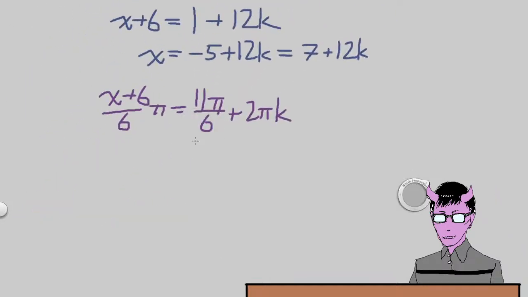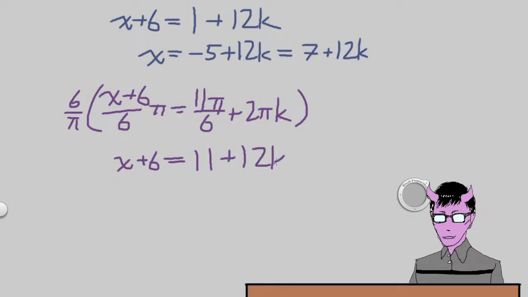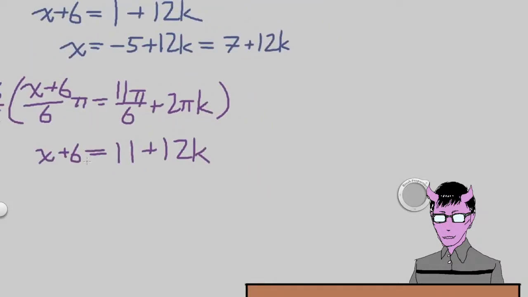Same tricks as before. Nothing new here. Times 6 over pi. Plus 1 to this one. The 6 is clear and the pi is clear, leaving just 11. That gives us 12k. And then minus 6 is 5 plus 12k.